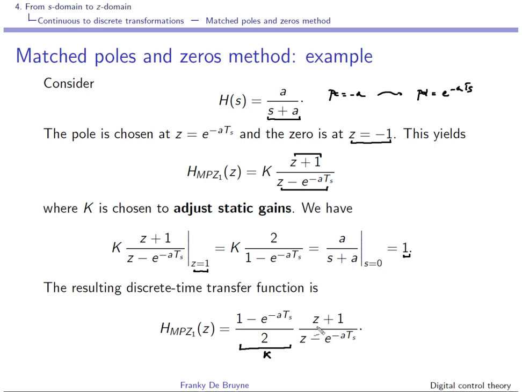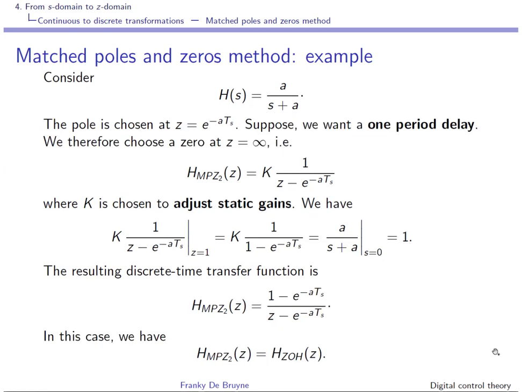So there is kind of a direct transfer term, and very often we prefer to have a description with a delay of at least 1, and this will be the method followed by Matlab and the one that we will see in the next slide.